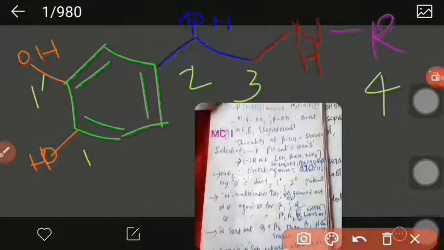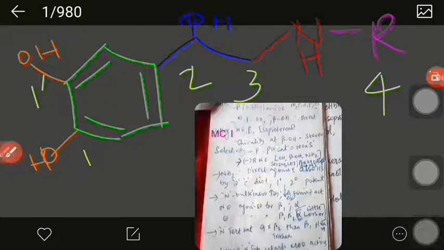Beta phenylethylamine. Now, there are four things we have to remember with this structure activity relationship. I think, can you see clearly? See this: meta position, para position, alpha position, beta position and nitrogen position.